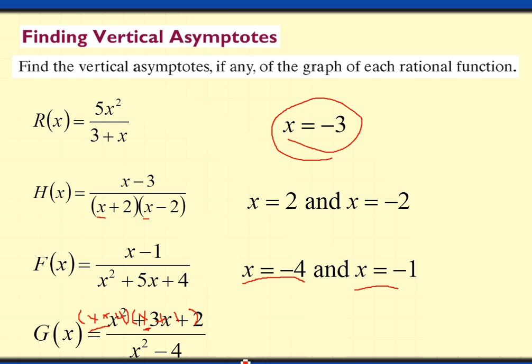Well, this very last one, and once again, I've got things on top of others, so it's kind of hard to read. Remember, we just care about what causes the denominator to be 0 because that's where it's undefined.